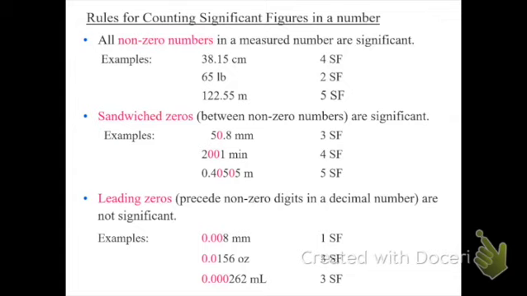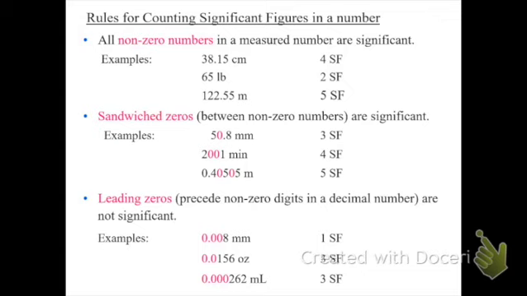They are all significant, both the certain digits and the estimated digit. Now, for example, the first one here has 4 significant figures, 38.15 has 4 significant figures, 65 has 2, 122.55 has 5 significant figures. So you just count every single digit.